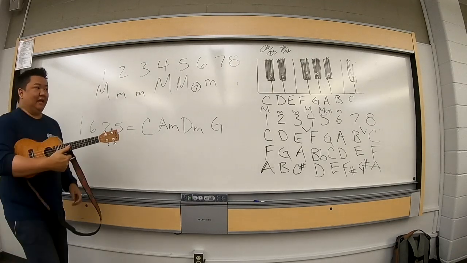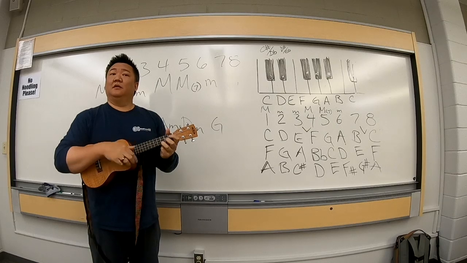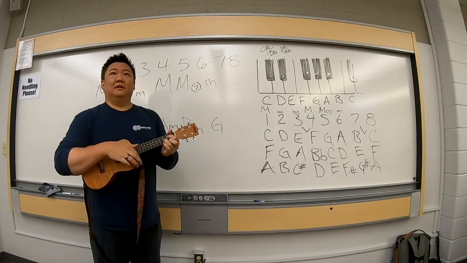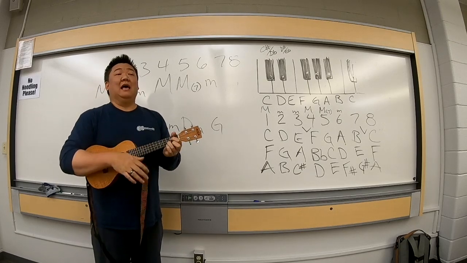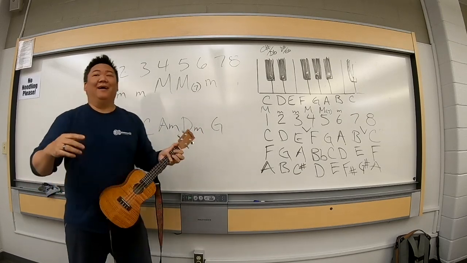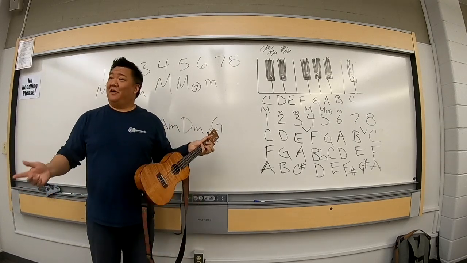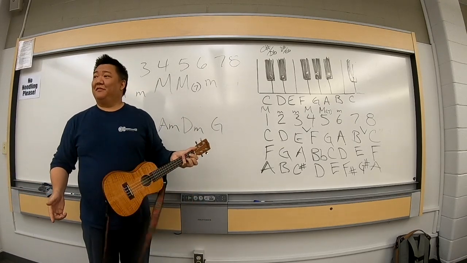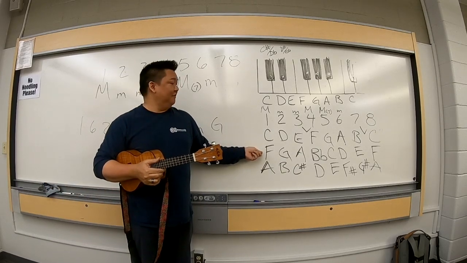Now, let's say I was playing in the key of C, and I was doing a 1-4-5: C, F, G. And I say it's too high for me. What if I play that same progression, 1-4-5, but now in the key of F? If F is my 1, what is my 1-4-5 in the key of F?